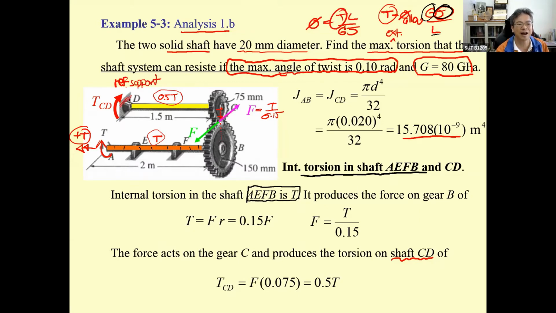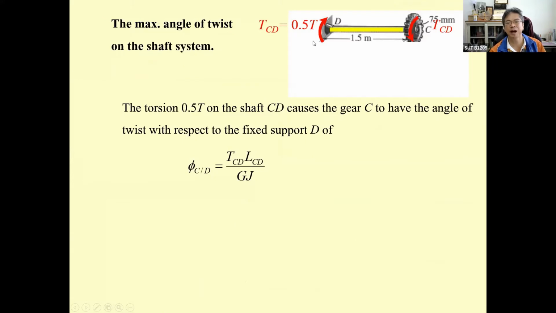Since this is the reference, the angle of twist at D equals 0. Since this support is fixed, we will start over here, and then due to 0.5 T, we're going to compute the angle of twist between C and D. So 0.5 T is going to produce the angle of twist in this yellow shaft.